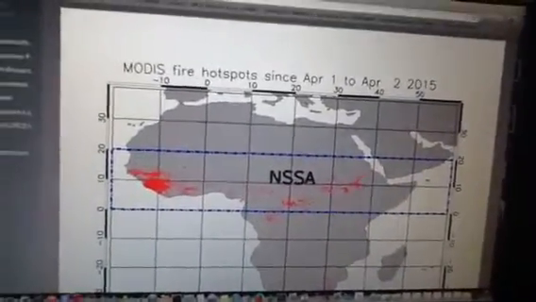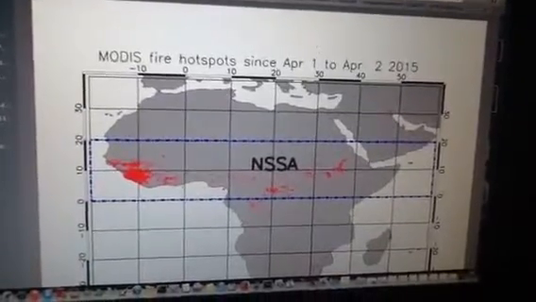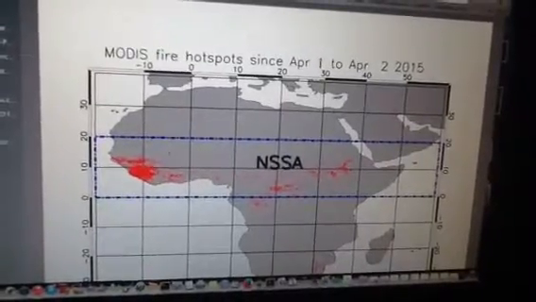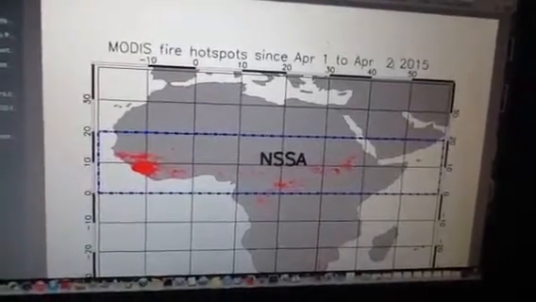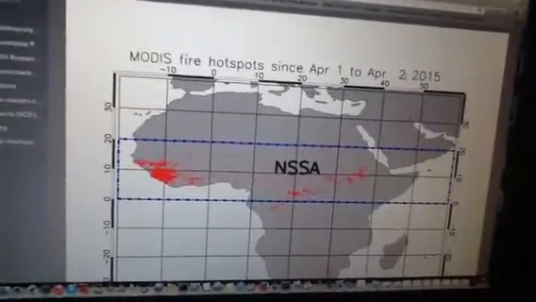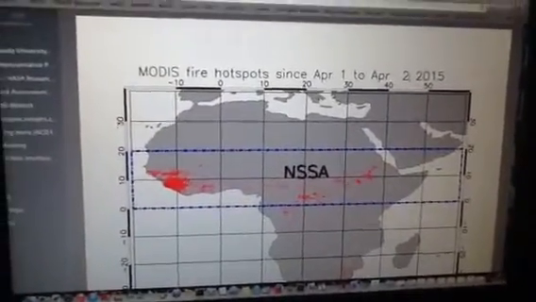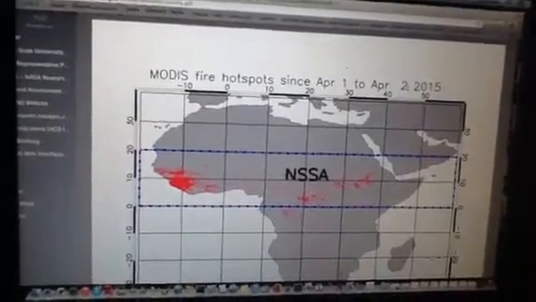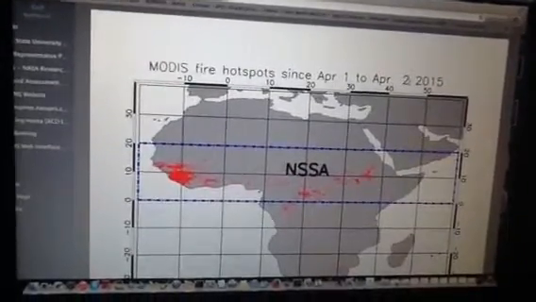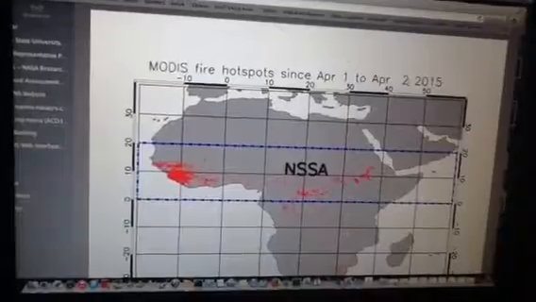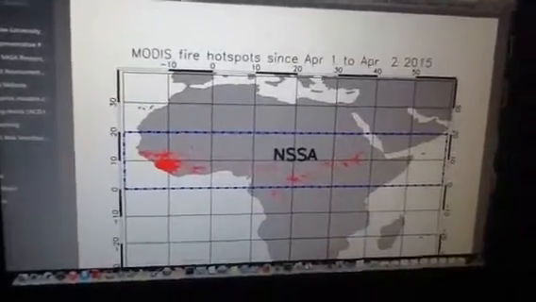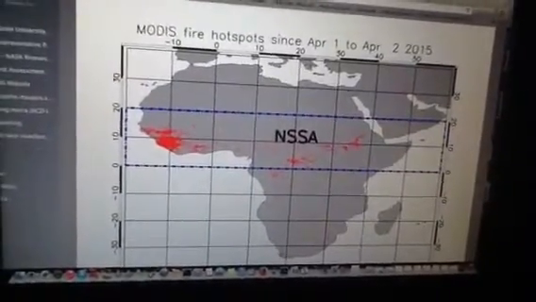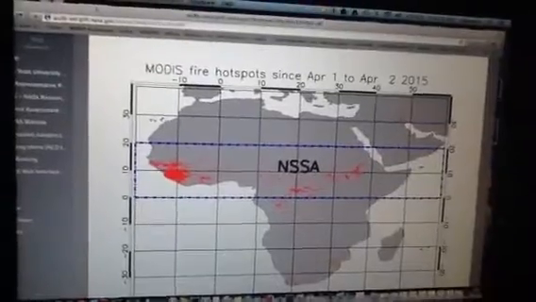Okay, so this is showing the fires between 1st April and 2nd April. Remember, today is 3rd April. So it has all the fires that have occurred in Africa between 1st April and 2nd April 2015. This is what the script does. It pulls out the fire data, makes the plot, and puts it on the website for me.